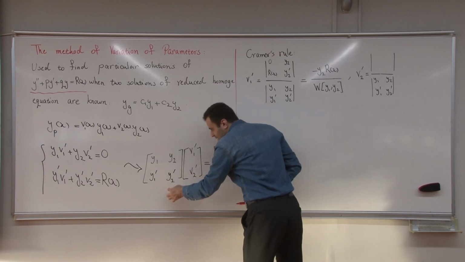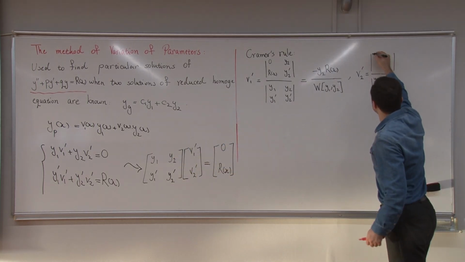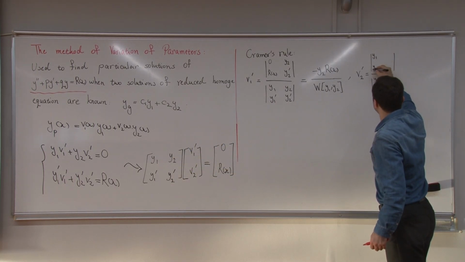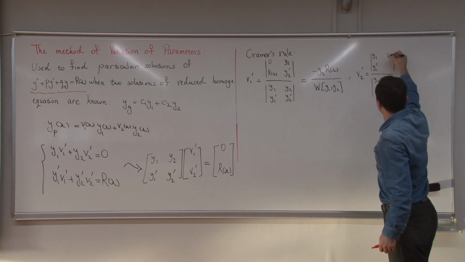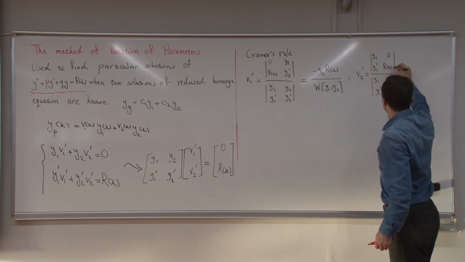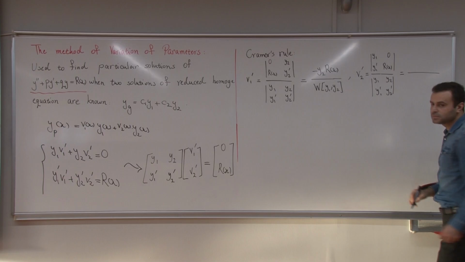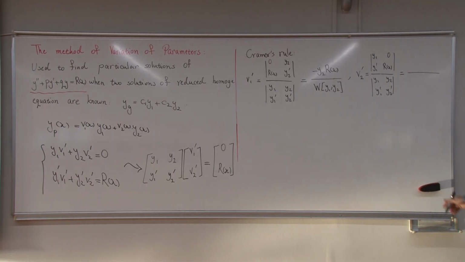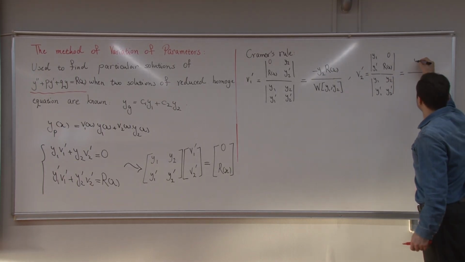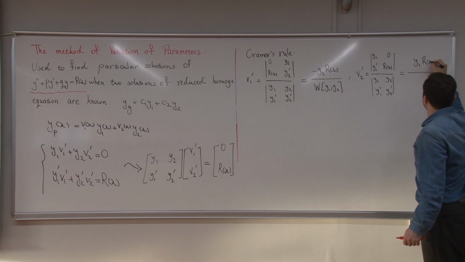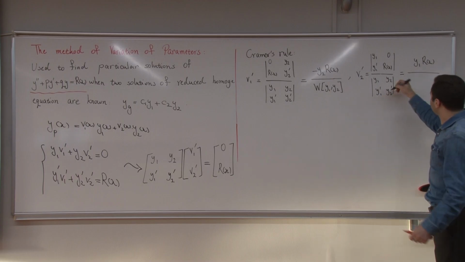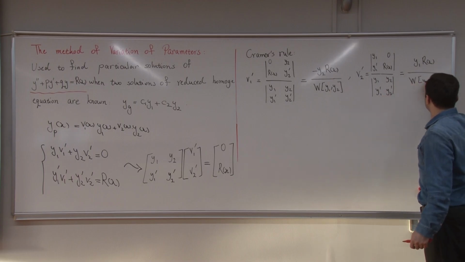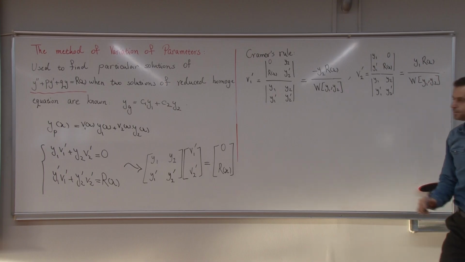Which means I'm just keeping y1 prime, and replacing the second one with 0 rx. And what is this again? y1 multiplied by rx, divided by again Wronskian of y1 and y2.